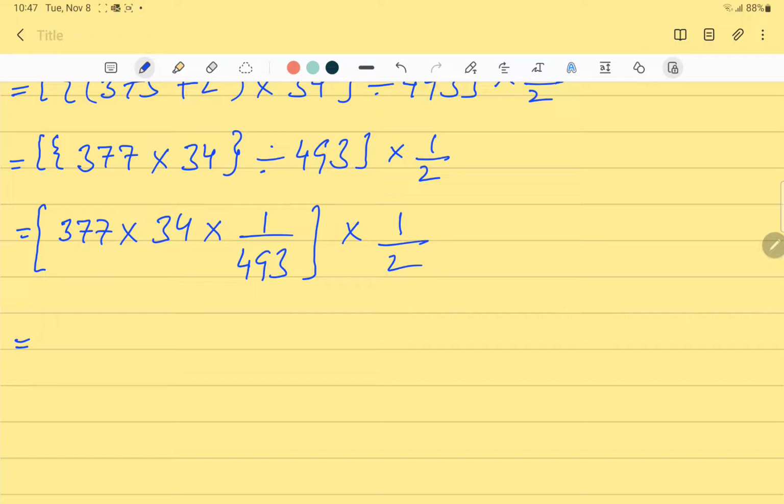Okay, now we will solve this one. 493 is divisible by 17 and 34 is also divisible by 17.